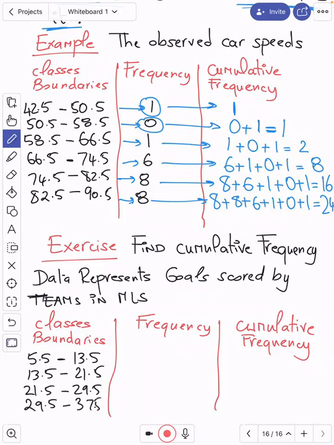The frequencies are 2, 4, 3, and 5. The first class is 2, the second class is 4, the third class is 3, and the last class is 5. Okay, guys, please try to compute the cumulative frequency in the last column.